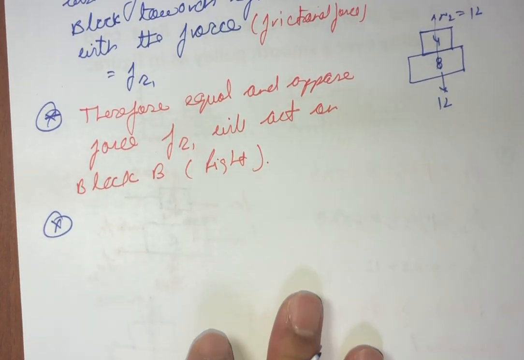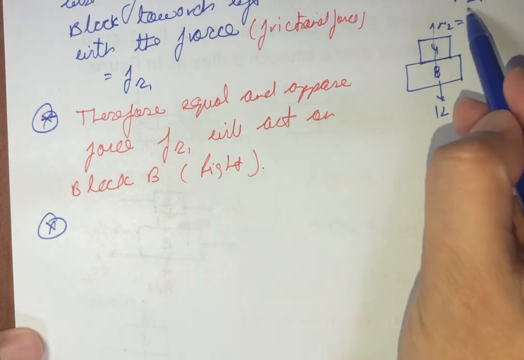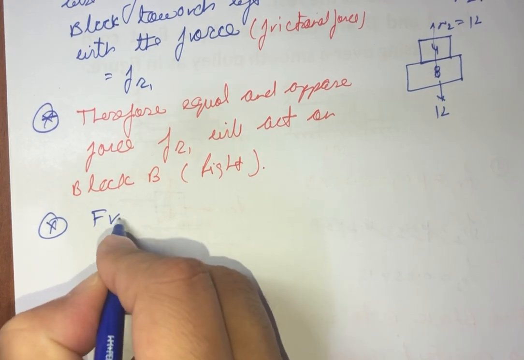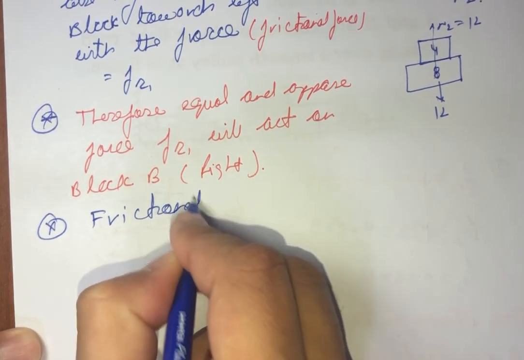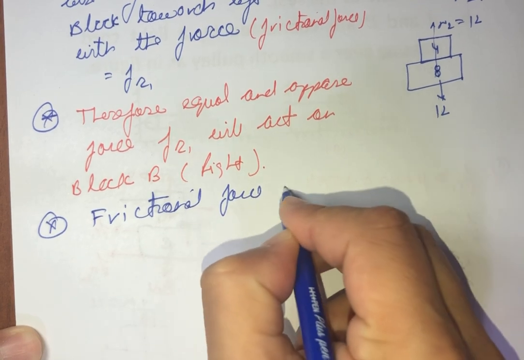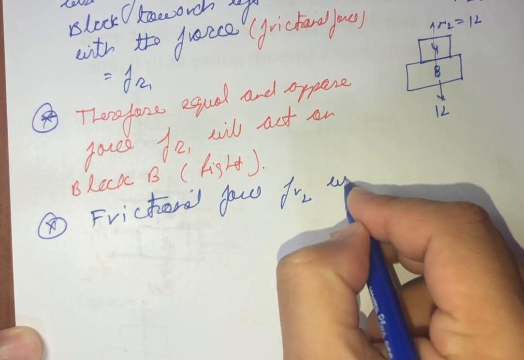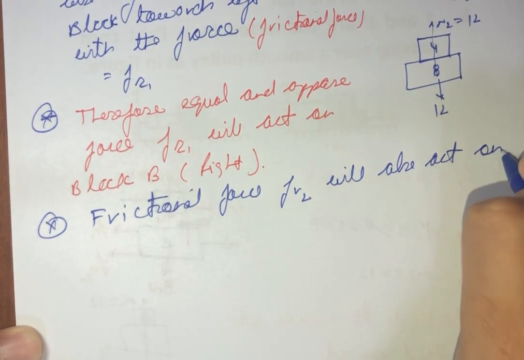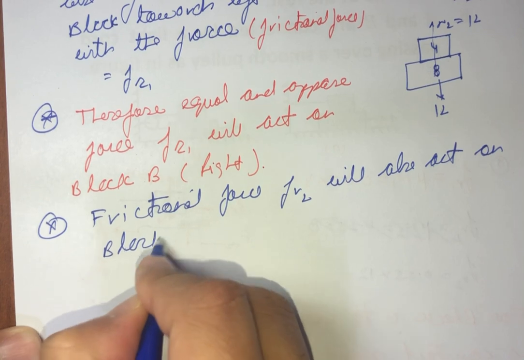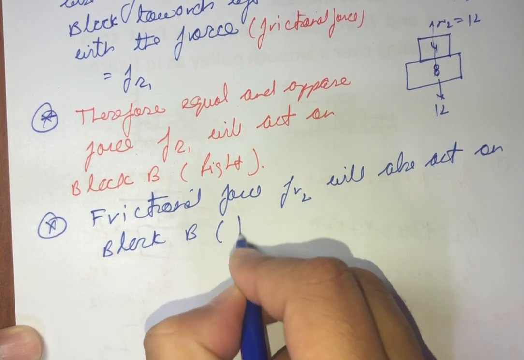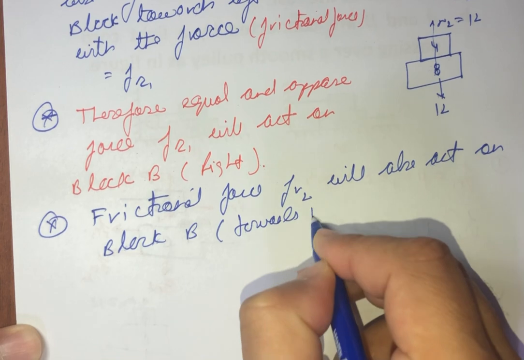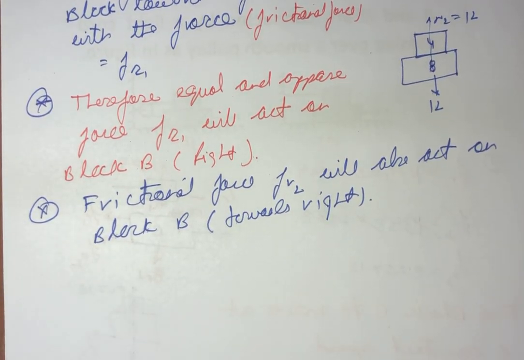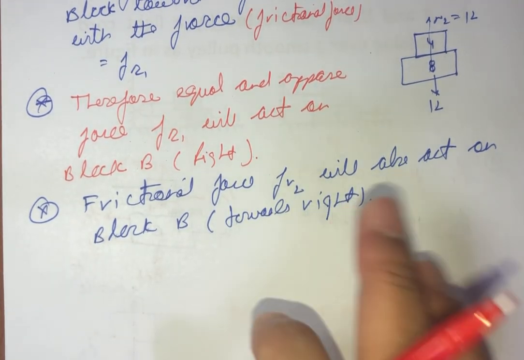And the last is a frictional force Fr2, which will also act on block B towards right. So these are all the forces along with tension.